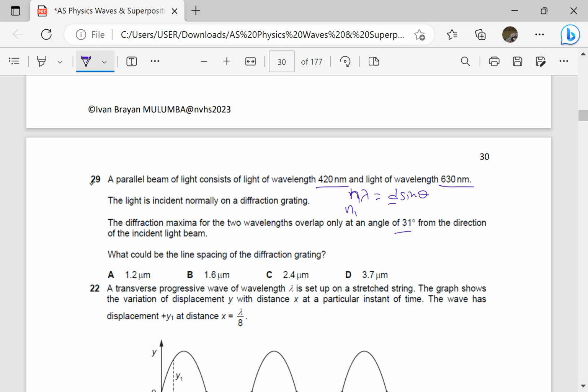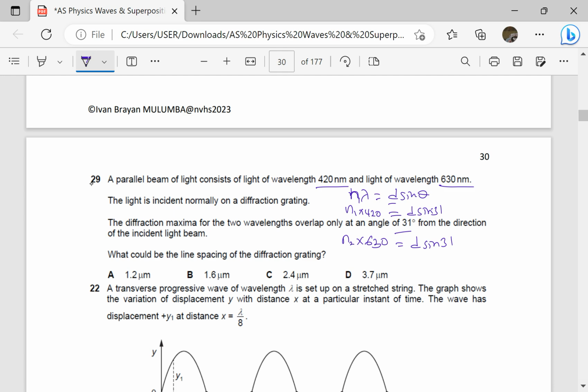So n1 times the wavelength, which is 420, I will not change the units, is going to be d sine of 31. Then the second one, I'll call this n2, times the wavelength, which is 630, is going to be equal to d sine of 31. They only overlap at that point.